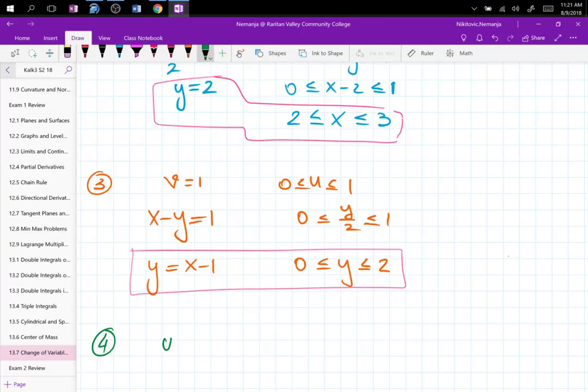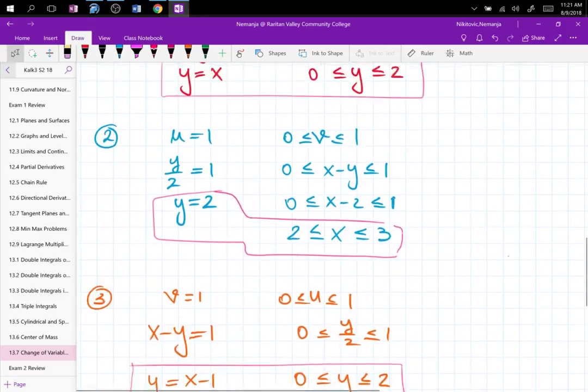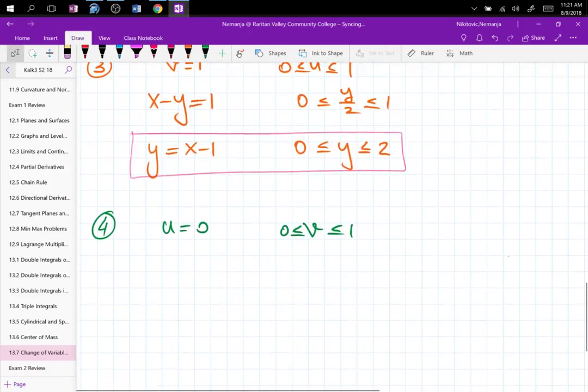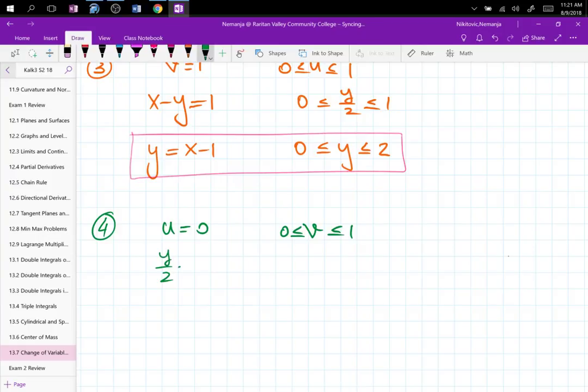We had that u is equal to 0 and v is trapped between 0 and 1. Our transformation for u is y over 2 equal to 0, from where y is equal to 0. Our transformation for v is x minus y less than 1, but y is 0, so 0 less than x less than 1, right?